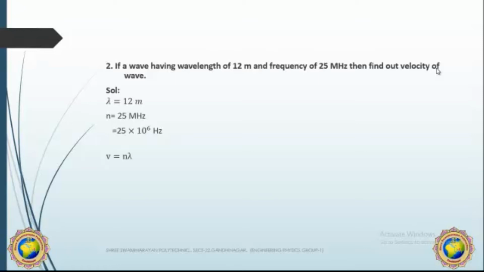Now put the equation v is equal to n lambda. Value of n is 25 into 10 raised to 6, lambda equals 12. Therefore multiplication is 300 into 10 raised to 6.